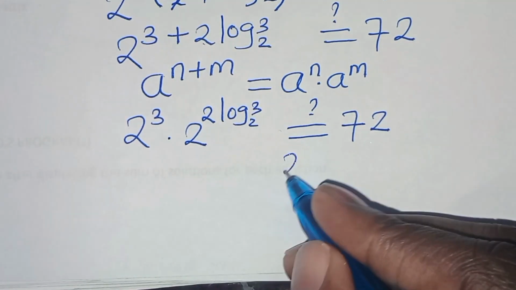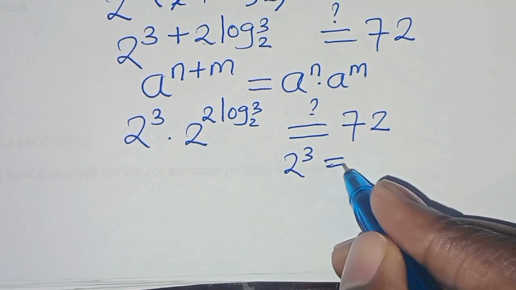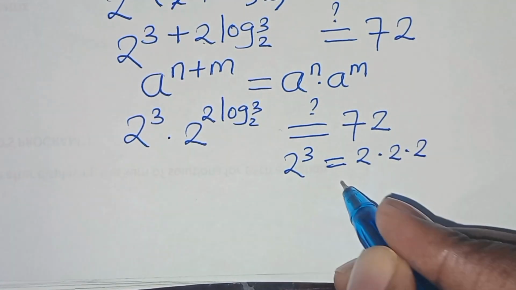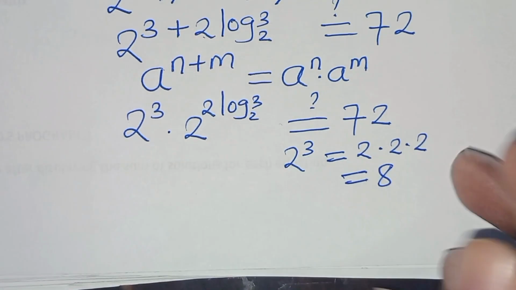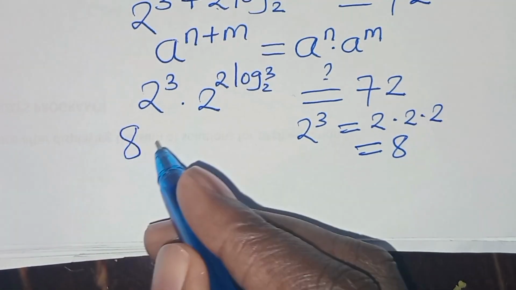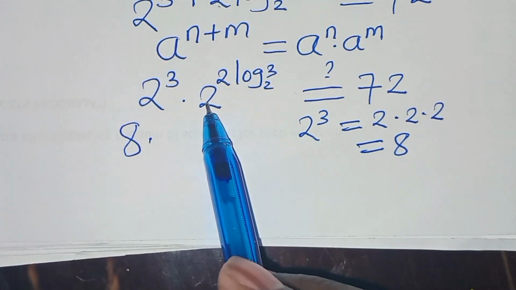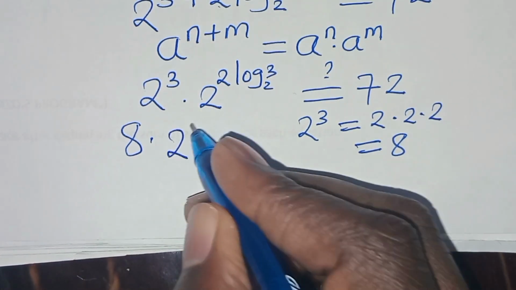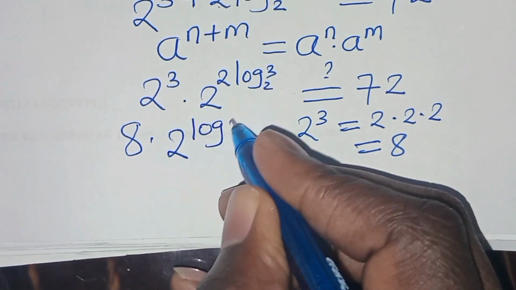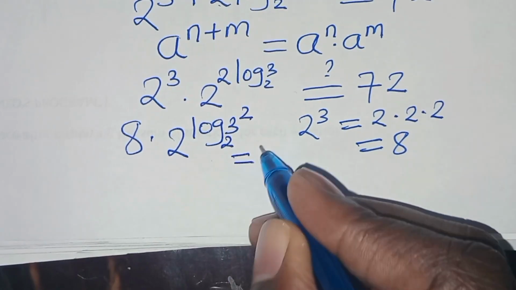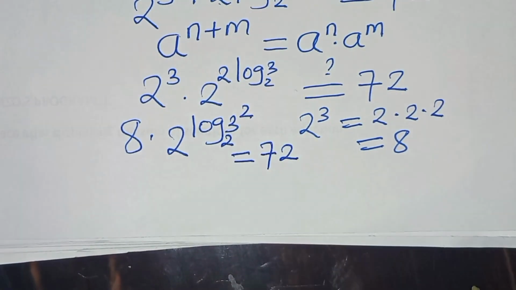Now, 2 to power 3 is the same thing as 2 times 2 times 2, equal to 8. So we'll have 8 multiplied by 2 to power 2 log 3 to base 2, which is the same thing as 2 to power log 3 squared to base 2, and this is supposed to give us a value of 72.